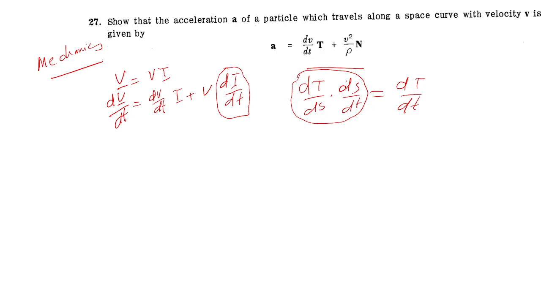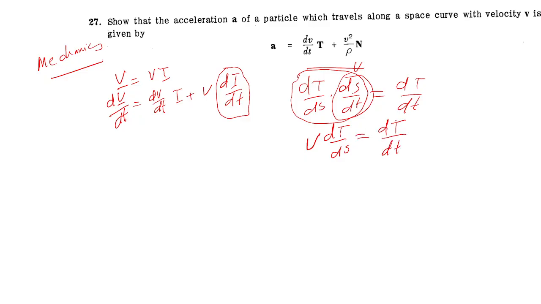Before that, we know that the derivative of the displacement, or the arc length, is the velocity. So this is the magnitude of the velocity times dT/ds.